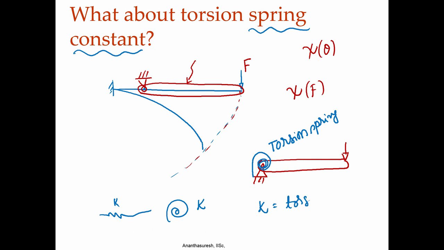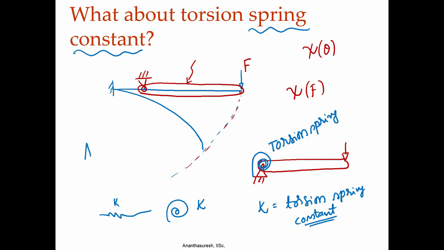If it is linear, what do I mean by linear? If I were to move this, it is going to rotate, and there will be a reaction moment here due to the torsion spring.